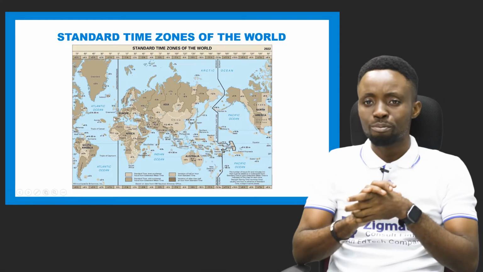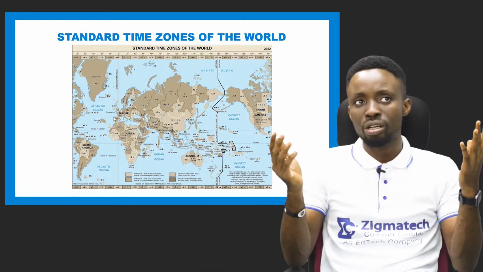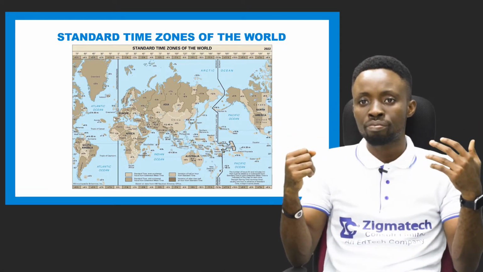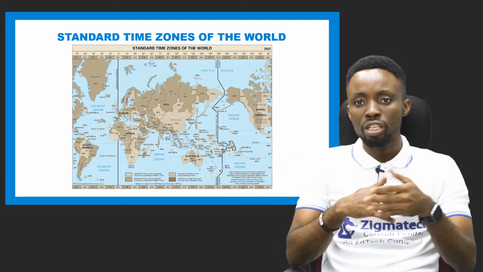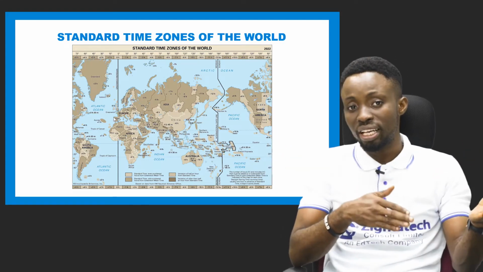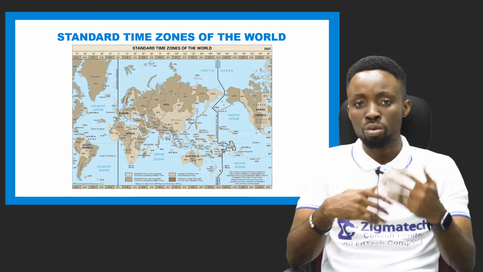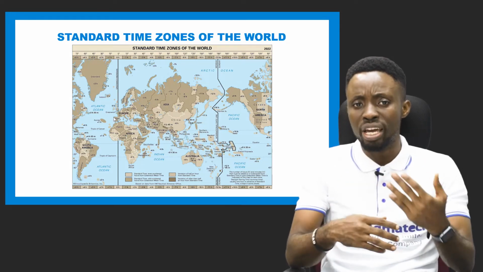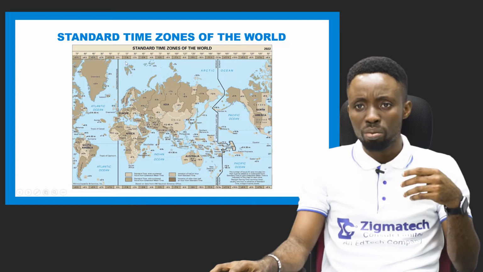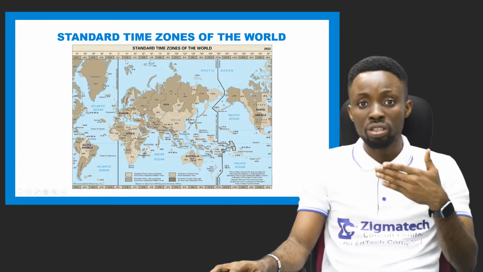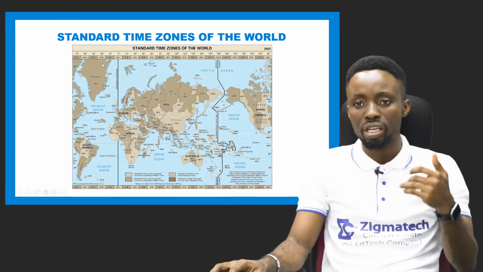So what I'm trying to say is that for Nigeria, if the time is possibly 6 p.m. in the UK, our time will be 6 p.m. -1, because we are 1 hour ahead of them. That's why we have the +1 and the -1 here, and we have the plus here.